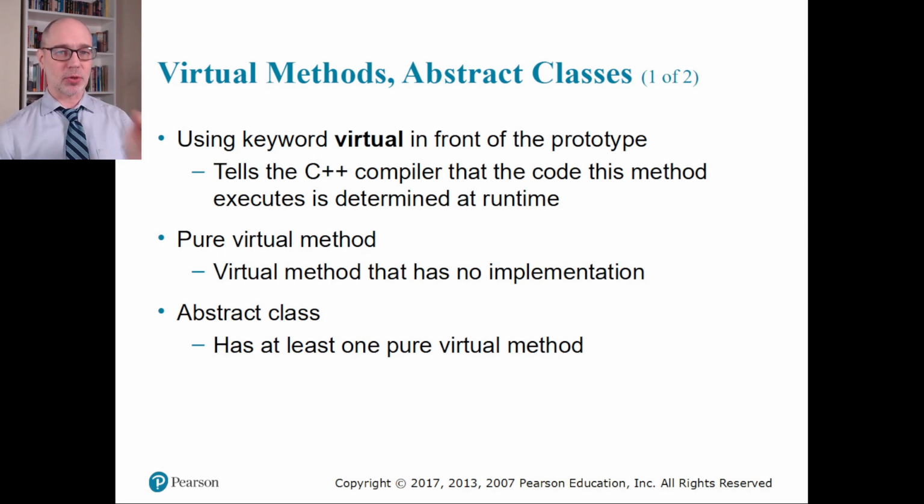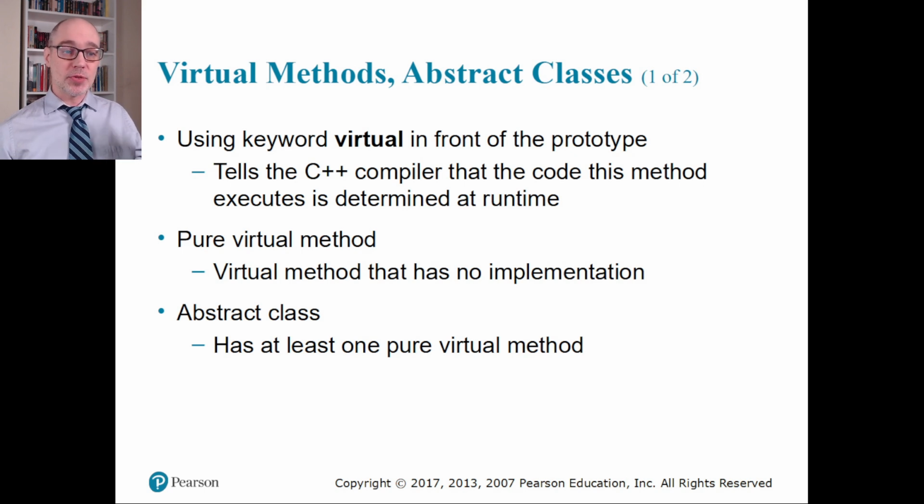You're going to have to do extra tracking when the program runs to figure out which of those two versions of the function to call. Now, if you know you're going to be making inherited classes, then you could just skip giving any code in the parent class because you know you're going to override it later in the inherited classes.